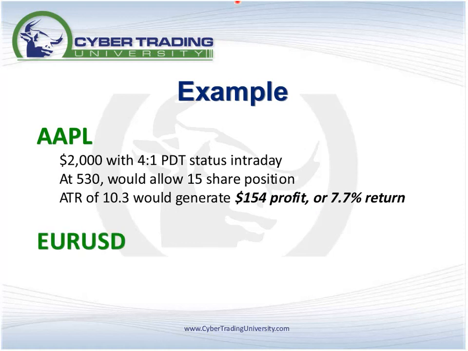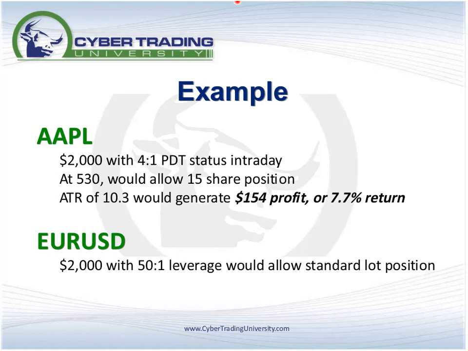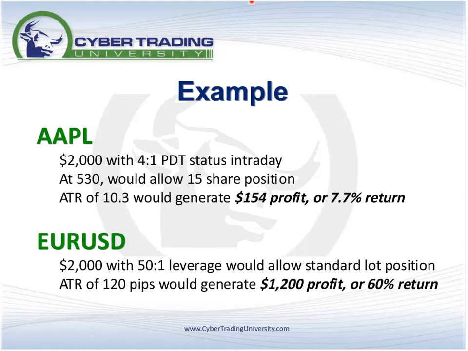Now let's look at an example with the euro dollar, which again, is the most commonly traded currency pair. That same $2,000 with 50-to-1 leverage would buy you a standard lot position, which is 100,000 base currency units, or the equivalent of 100,000 euros. The ATR for that pair is 120 pips, which when you look at it on the chart, doesn't look that big.